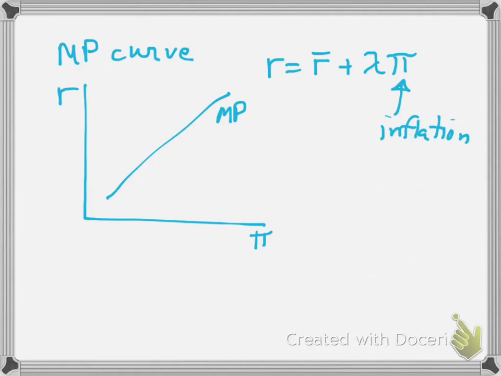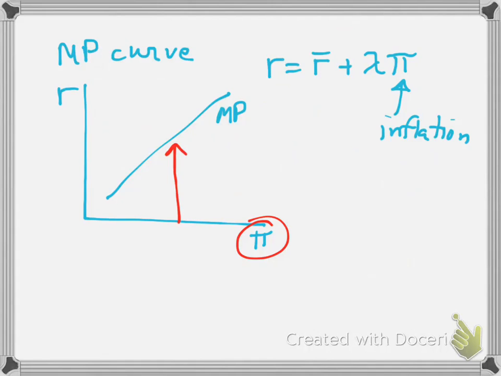It's usually called the Taylor rule, where it sees what inflation is, and because the central bank has a mandate to try and limit inflation, and because the tool of the central bank is basically to affect the real interest rate, and that's how it can affect inflation, when the inflation rate is higher, the central bank sets its monetary policy to have a higher real interest rate. And so we have this upward sloping MP curve.